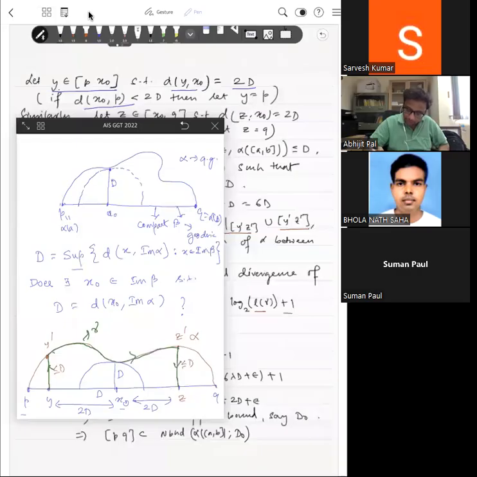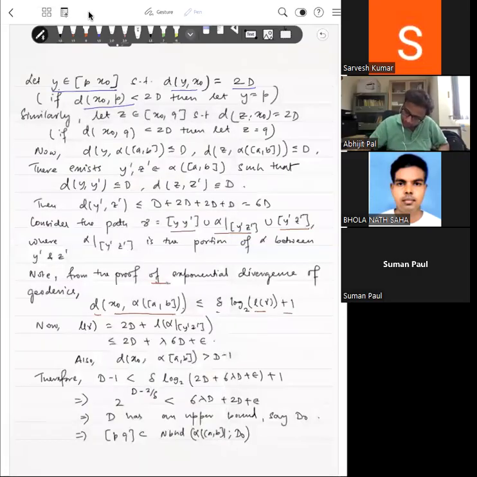What we have proved while doing this exponential divergence of geodesics, with these two geodesic rays, is that the distance of x naught to the image of alpha is less than or equal to delta times log 2 of length gamma plus 1.